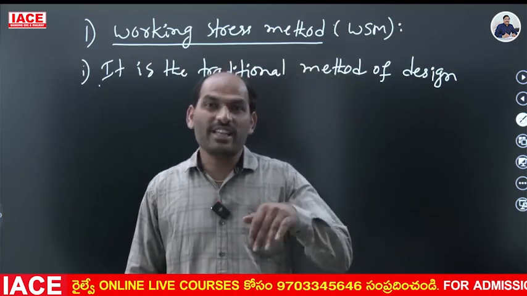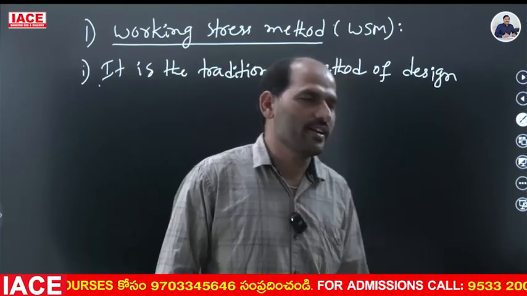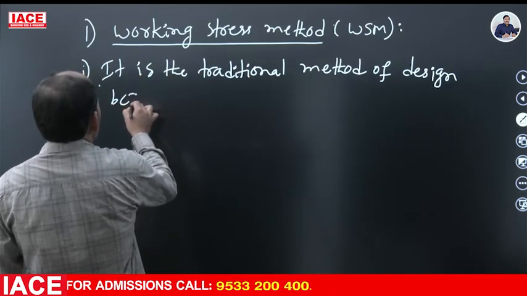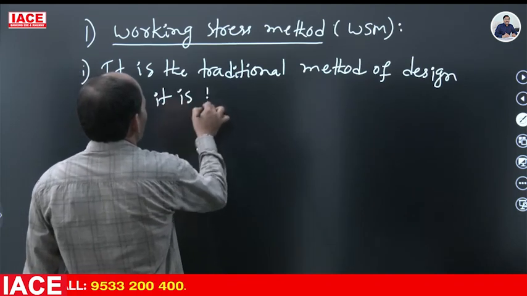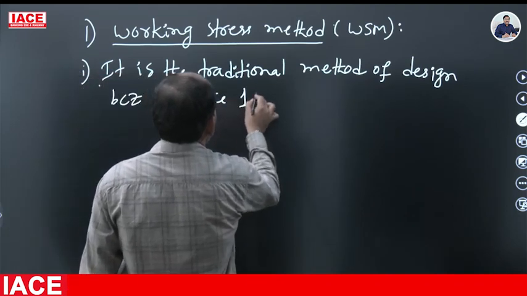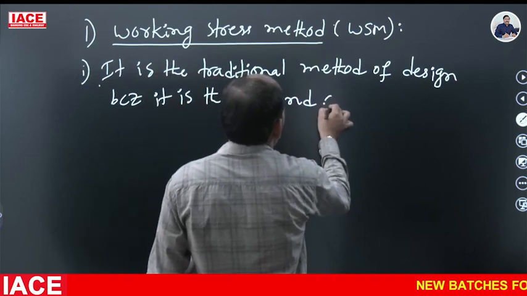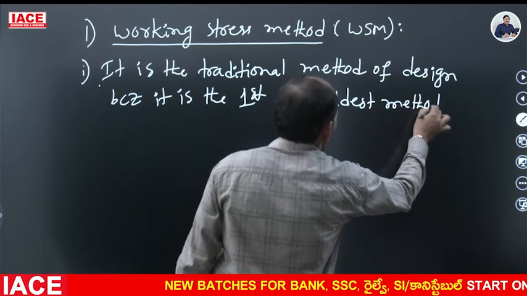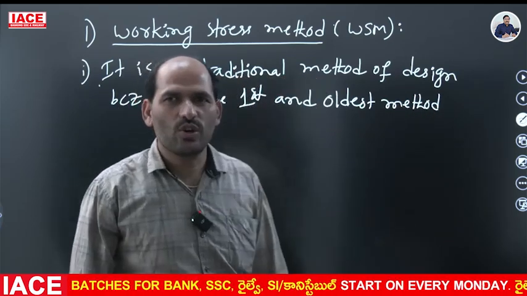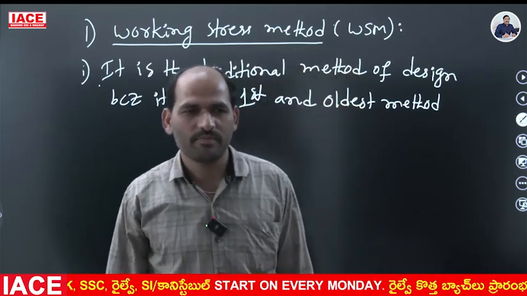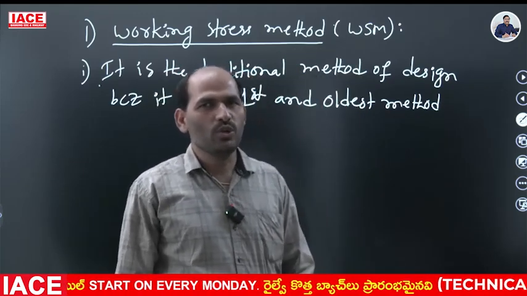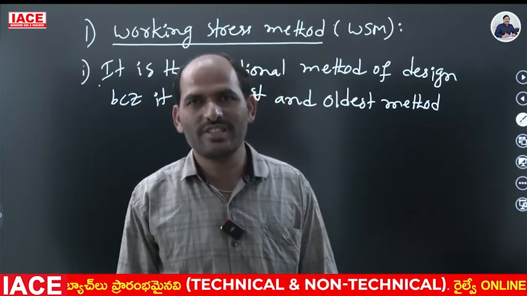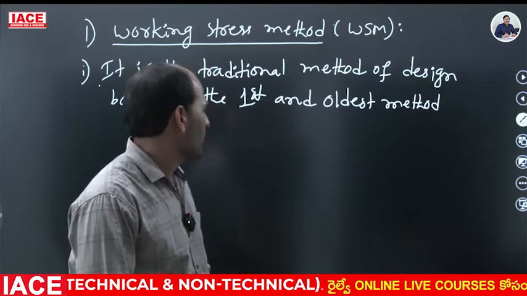Because it is the first and oldest method. That's why it is called the traditional method. This method came into consideration in the year 1900. So this is the first method of design.